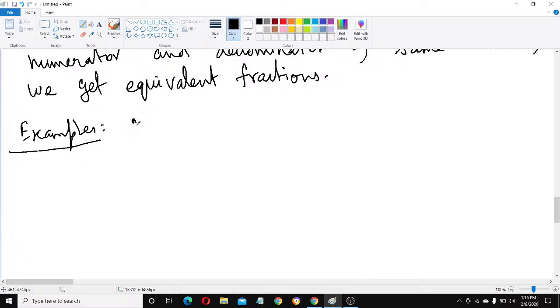Equivalent fraction of 2 by 5. How do we write equivalent fraction of 2 by 5? Multiply numerator 2 and denominator 5 by same number. So multiply numerator 2 by 2, denominator 5 also by same number 2. Now you can multiply numerator and denominator by 3: numerator 2 with 3, denominator 5 by same number 3.